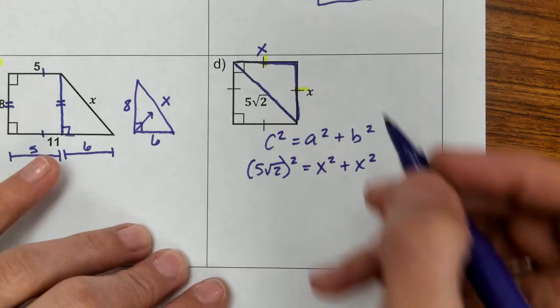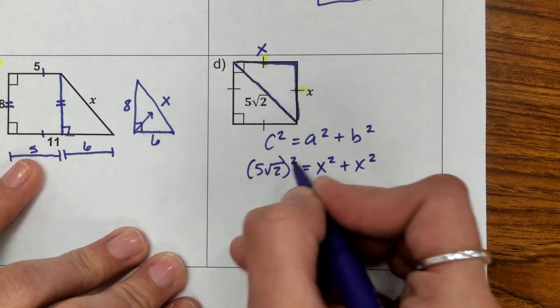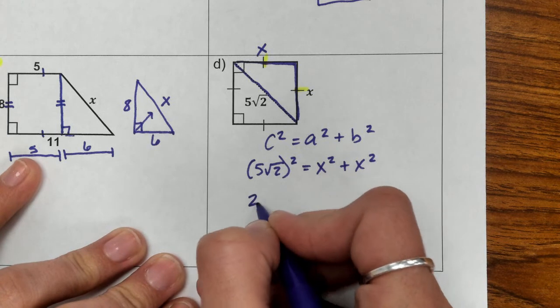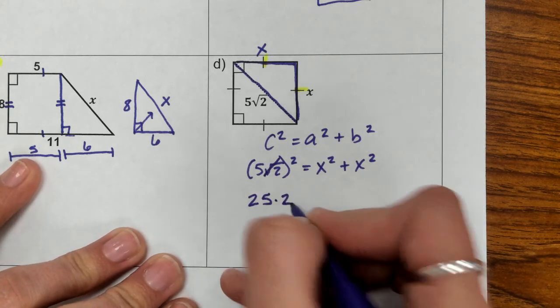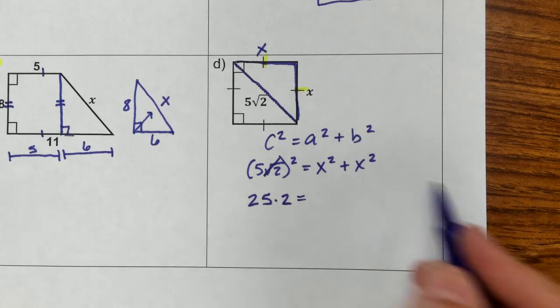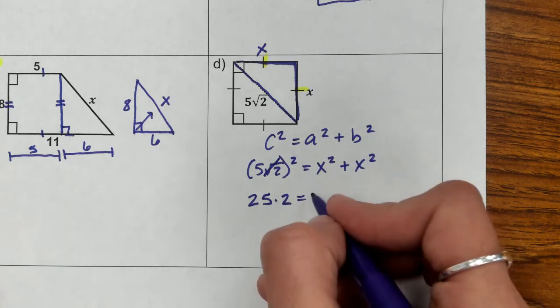Bringing this down, remember that we're squaring the whole number with a radical. We're going to square the whole number, 5, to get 25, and then we just get rid of the radical, and we have it times 2. We're going to multiply it by that radicand. On the other side, I have 2x squared. It's just like saying you have 2 x's, and you're going to combine them to 2x squared.